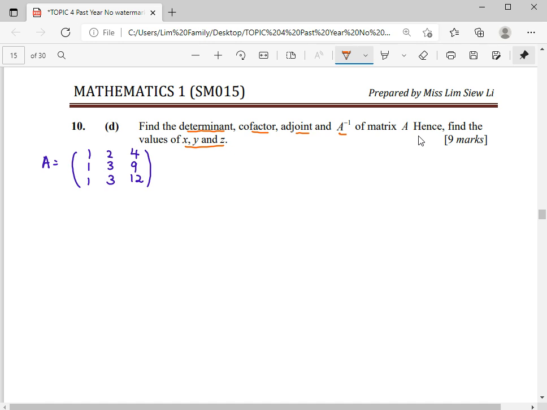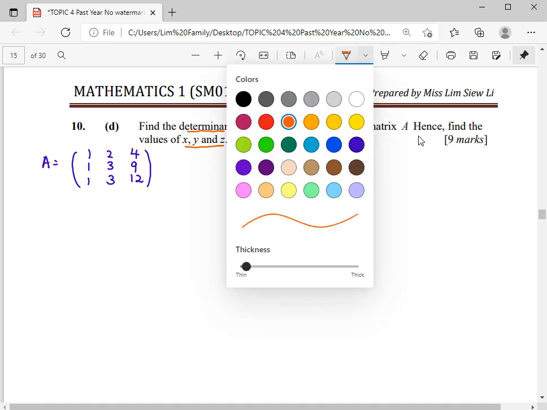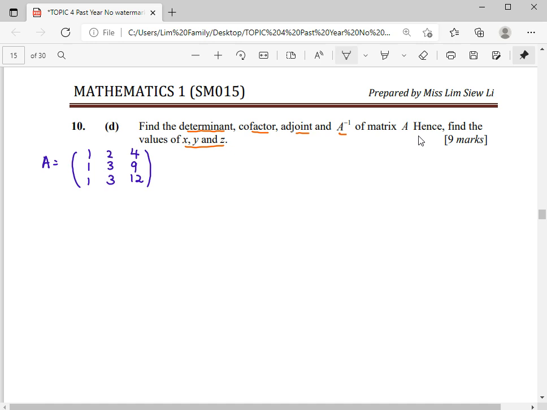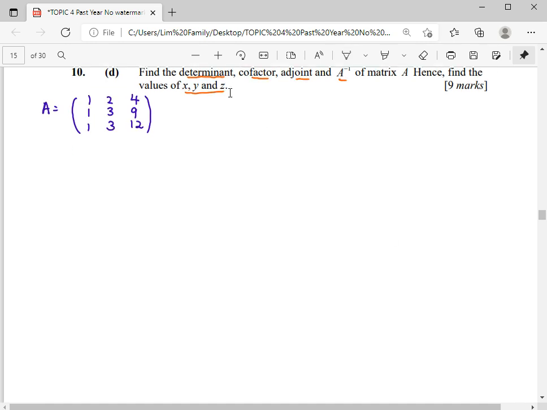So we are going to solve this matrix equation using the adjoint method. We have two types of solving: one is using Gauss-Jordan elimination, another is using the adjoint method. Since this question mentions adjoint, the method will refer to cofactors and so on.